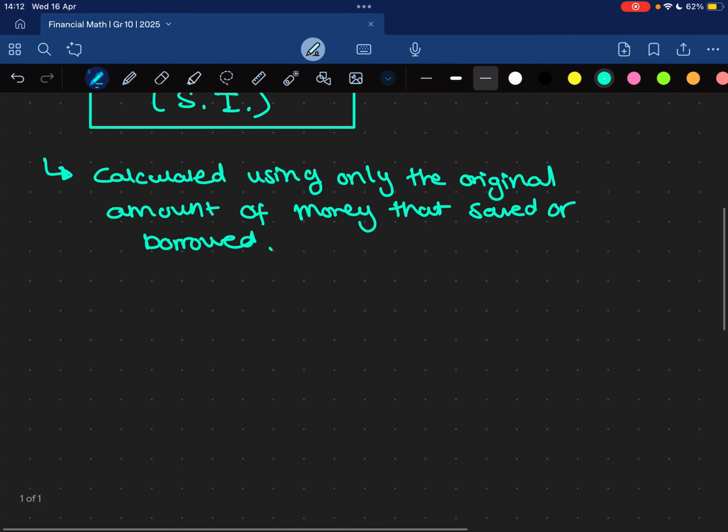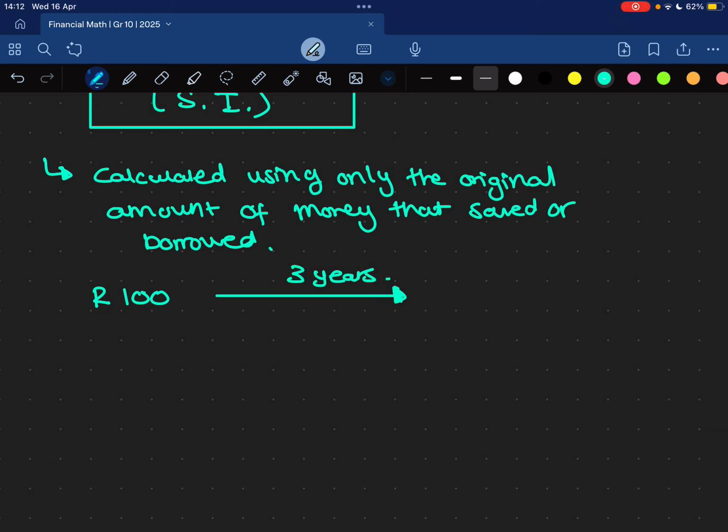So what that means is that you take a certain amount of money, so let's say 100 Rand, and you put it into a savings account. And into that savings account, you want it to grow for a period of 3 years. Now, you're told that the interest rate is going to be 10% per year, simple interest.